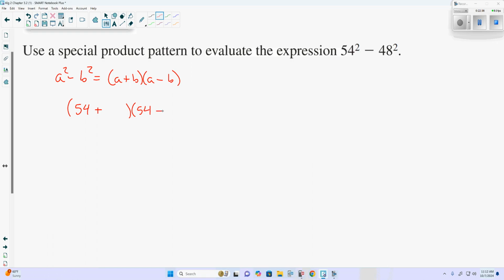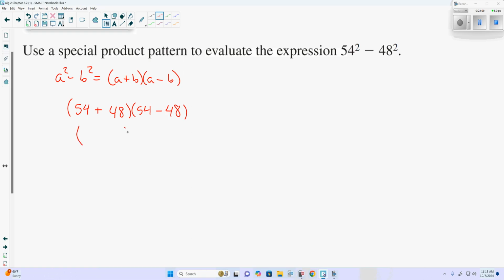Well, luckily, 54 squared is 54. We're not having to do anything to it. Now 48 is our b. So according to the special product, our difference of perfect squares, we can take 54 squared minus 48 squared and rewrite it as 54 plus 48 times 54 minus 48.